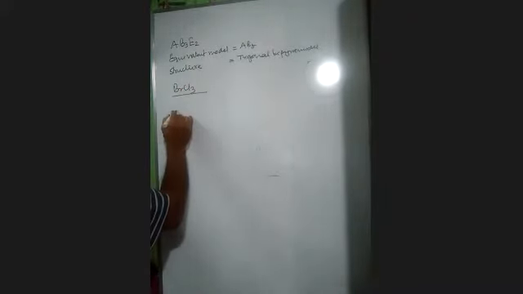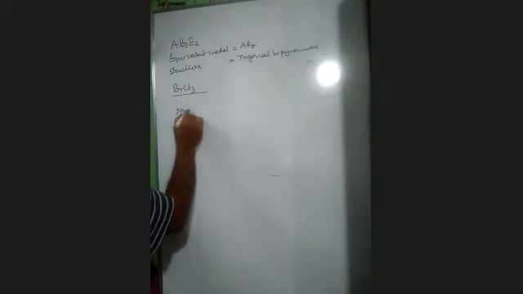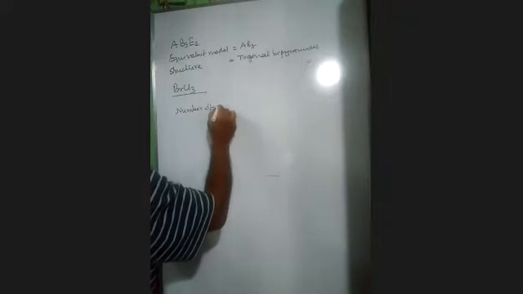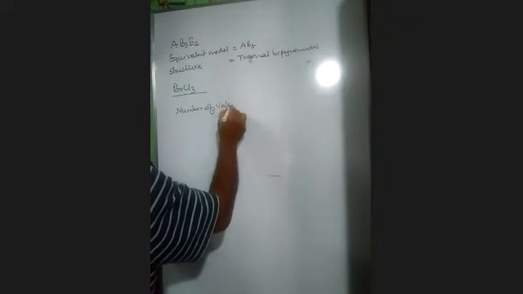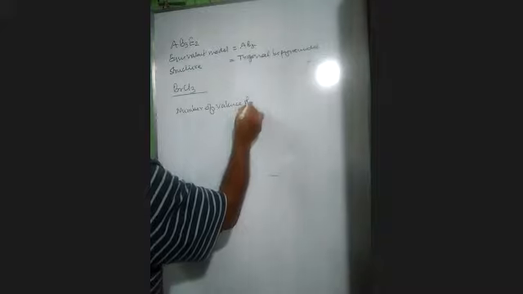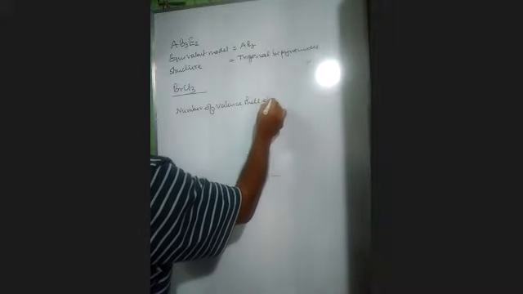BrCl3. What is the number of valence electrons on halogen?